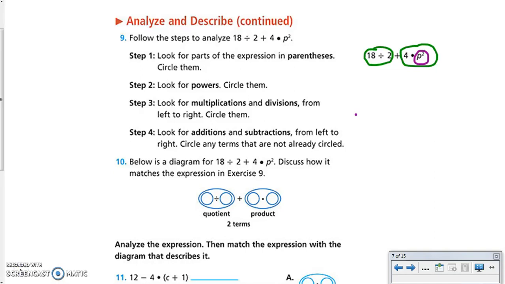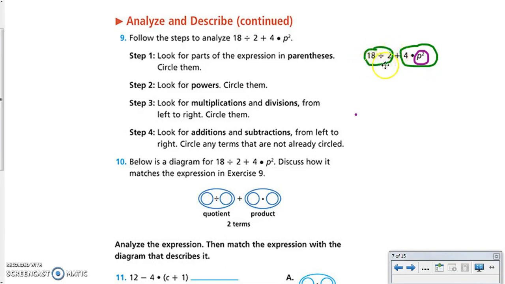Okay, and then finally we can look at number 10, where we can then make the diagram from this expression. So if you see what they did here, we can talk about how it's the same thing. So we have two terms here, and remember, a term is when we have two different parts or sections being added or subtracted, excuse me. So this part is being added to this part.